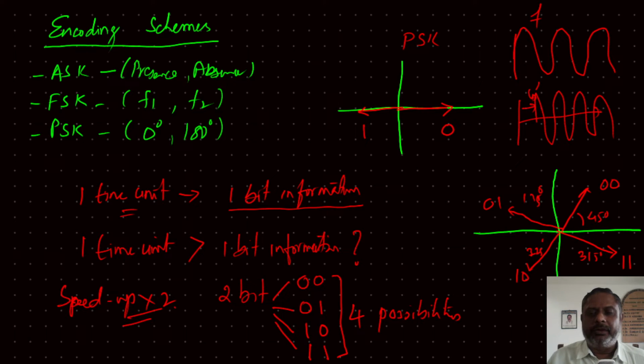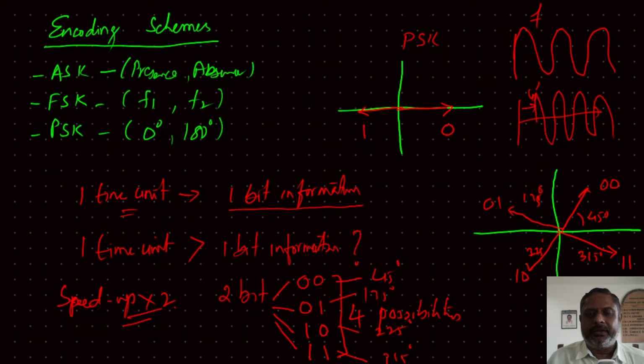Now what we are doing is, at any given time, instead of looking at one bit of data, look at 2 consecutive bits of data and then decide what it is. 0 0 means 45 degree, 0 1 means 135 degree, 1 0 means 225 degree, and 1 1 means 315 degree.